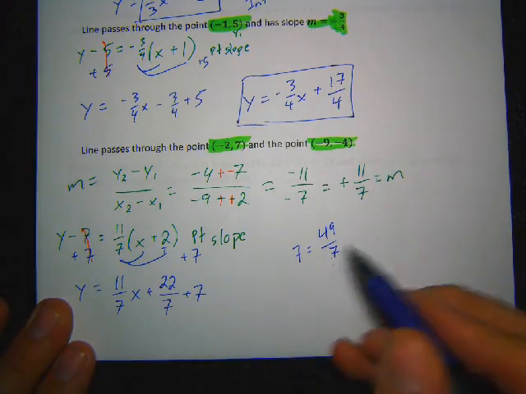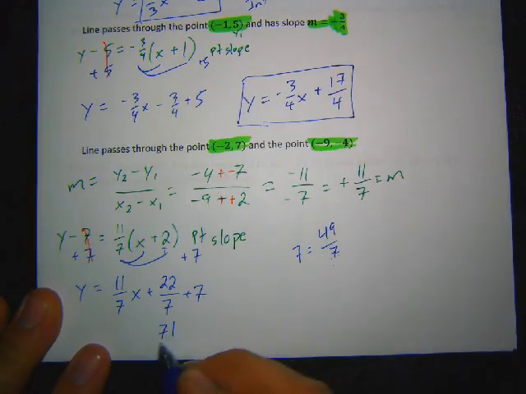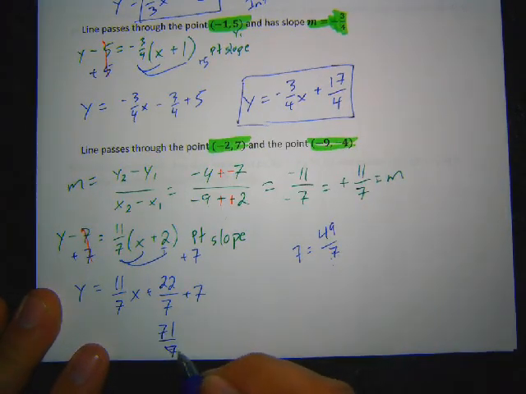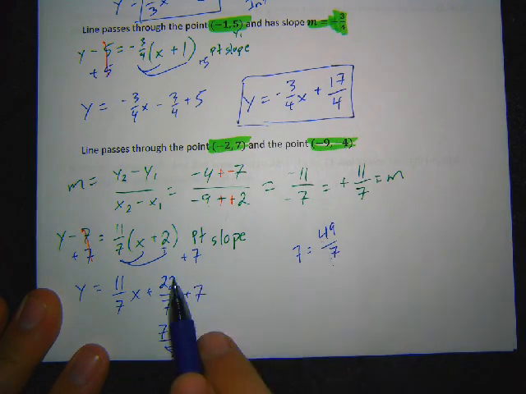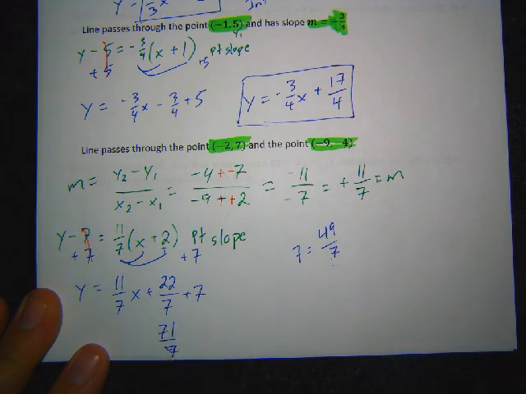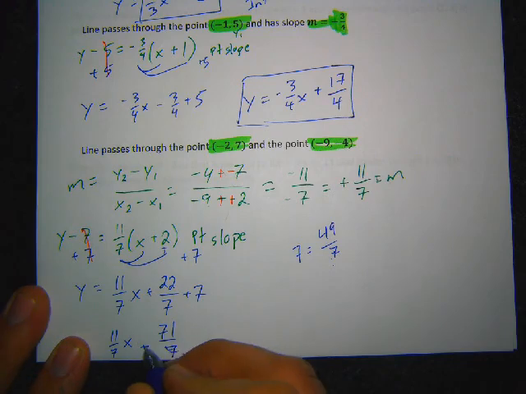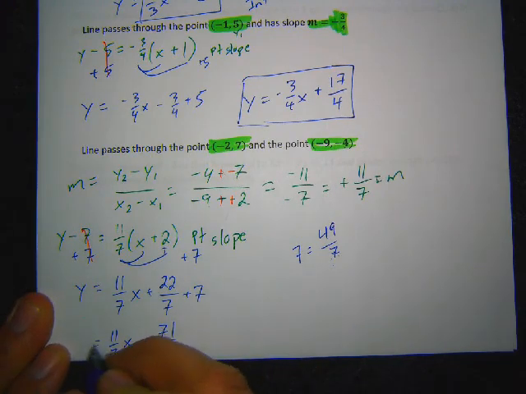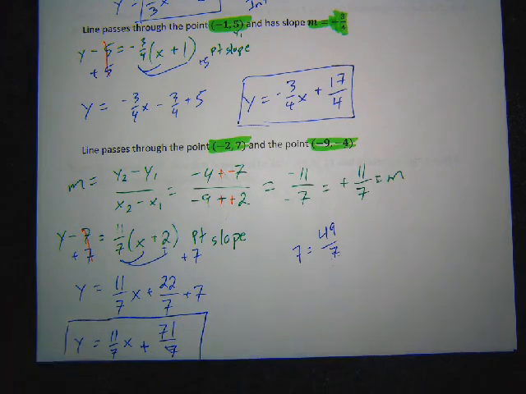So if I take 22/7 plus 49/7, I get 71/7, right? 22 plus 49, 20 plus 40 is 60, 2 plus 9 is 11, so we get 71/7. Still that 11/7 x added to that equals y, and that would be our final answer.